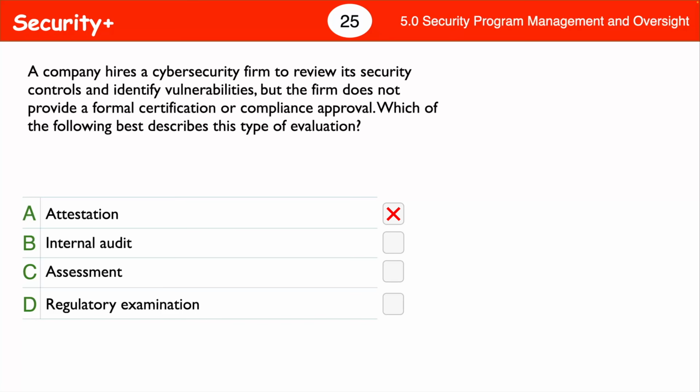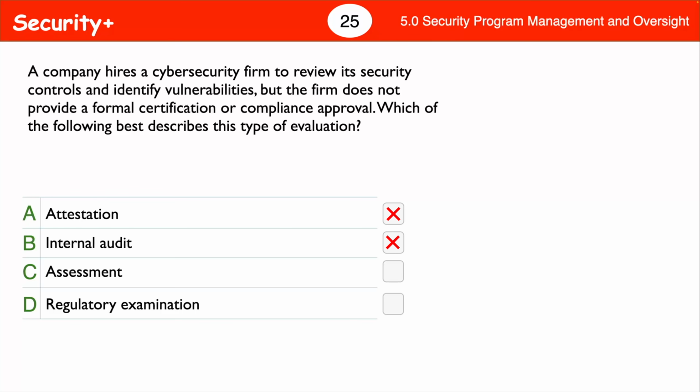Next, we can eliminate B, internal audit. These are audits that are conducted by the company itself. So it's not that one. That leaves us with C, assessment, or D, regulatory examination. So let's refer to the key phrase again, hires a security firm. That is key for this.